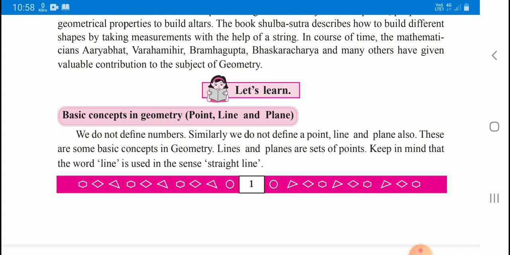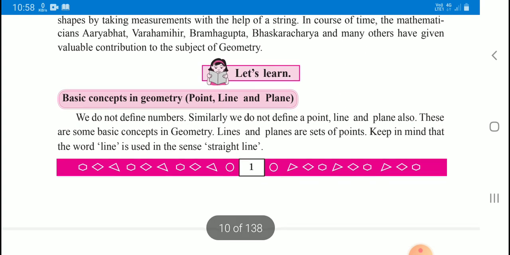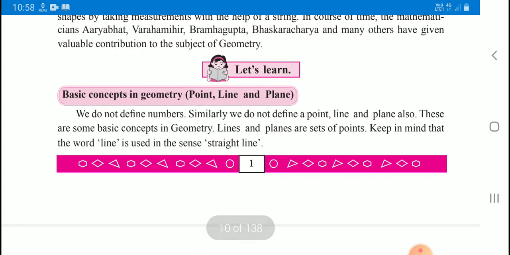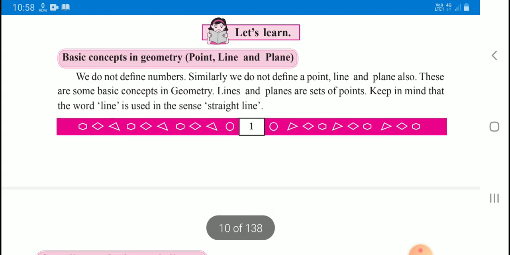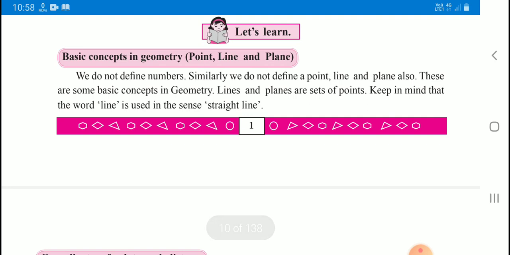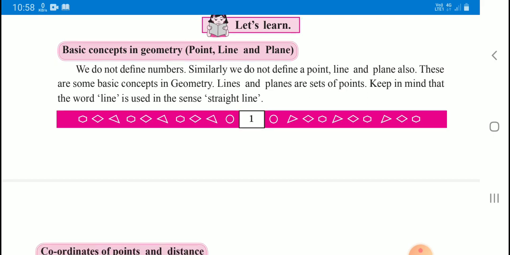Lines and planes are sets of points. Keep in mind that the word line is used in the sense of straight line. It means in geometry, wherever we use the word line, it means a straight line, not a slanting line or any other type of line.